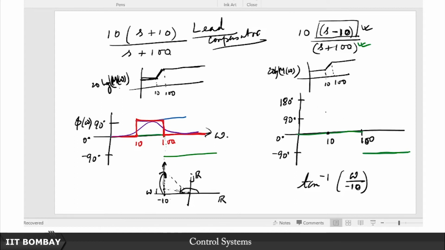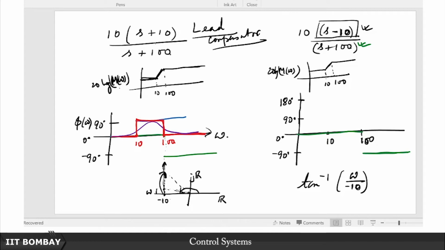So it goes here like this, and for values much greater than 10, where does this eventually settle? It actually settles to 90 degrees. So that is a crucial difference. Earlier, what did we see in this factor?